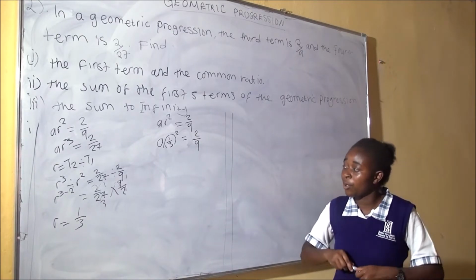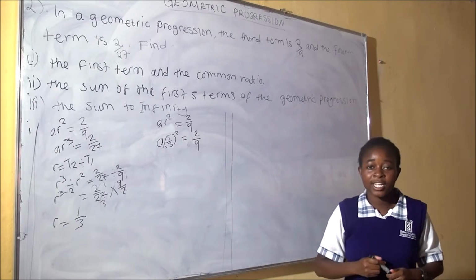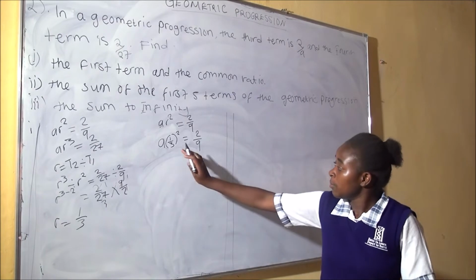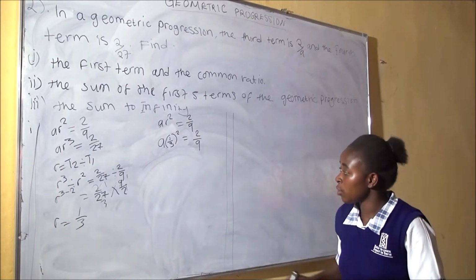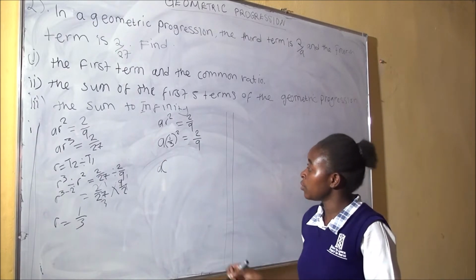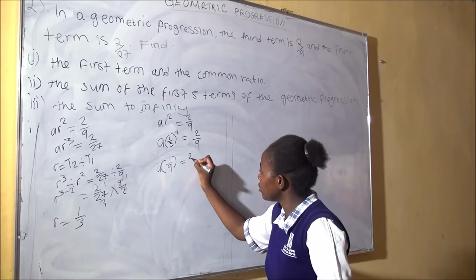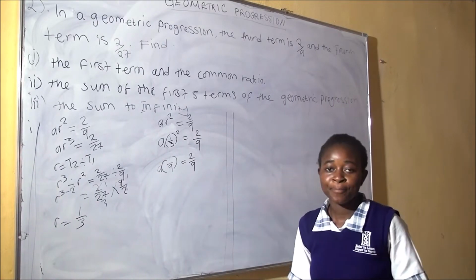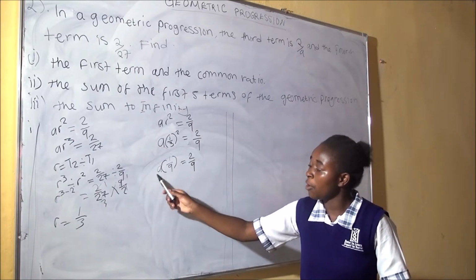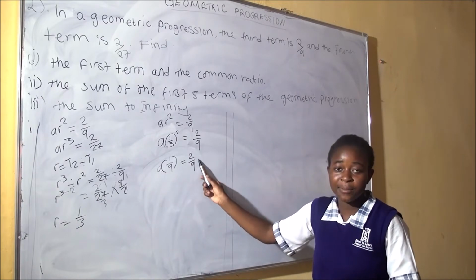Here I need to evaluate this to get a single number. So we'll have a, then 1 over 3 squared is 1 over 9, which is equal to 2 over 9. Then this is the coefficient for a, meaning we have to divide both sides by it.